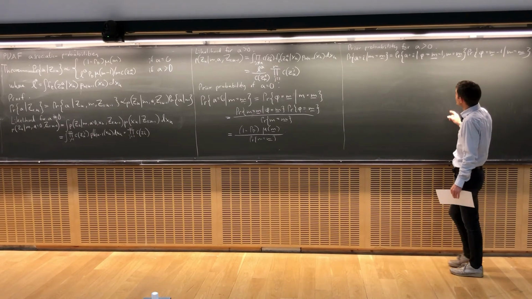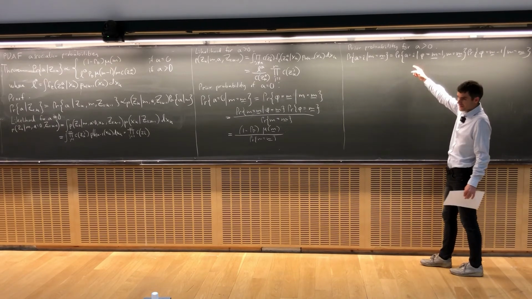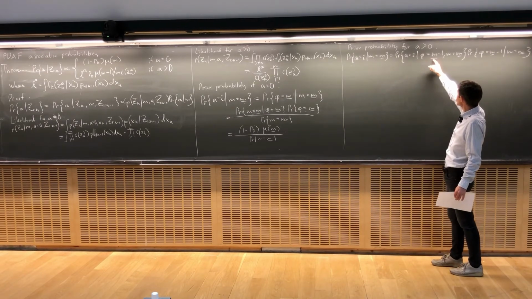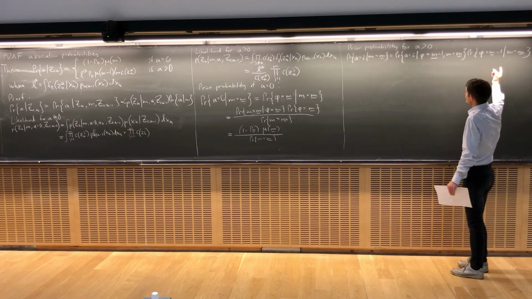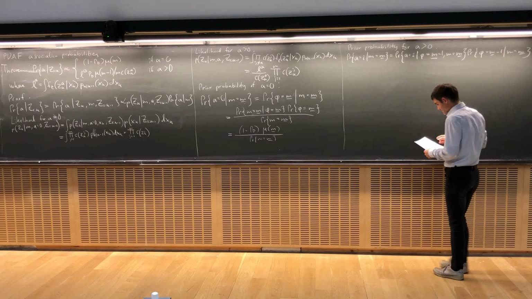Now, this probability of having A bigger than 0, if phi is not equal to n bar minus 1, is going to be 0. So I am only left with this term in my total probability expansion.